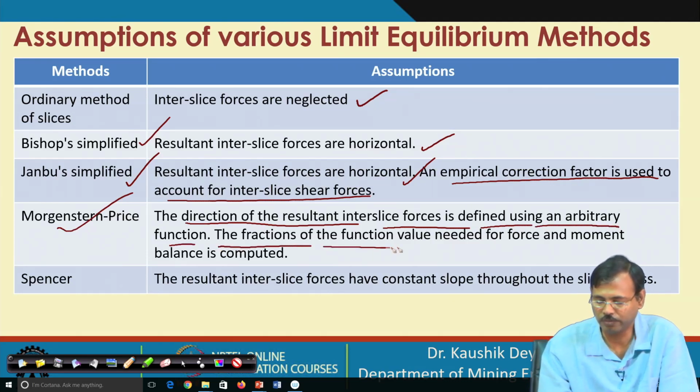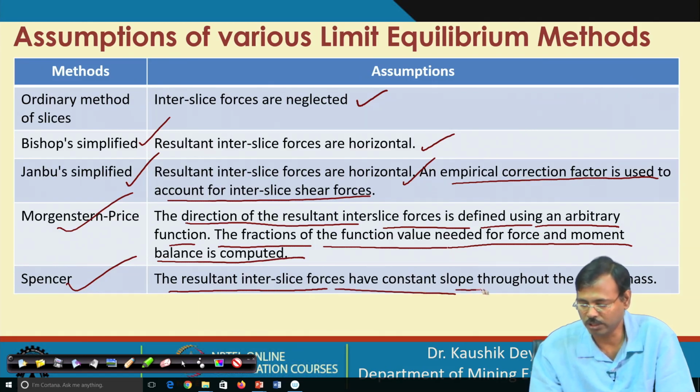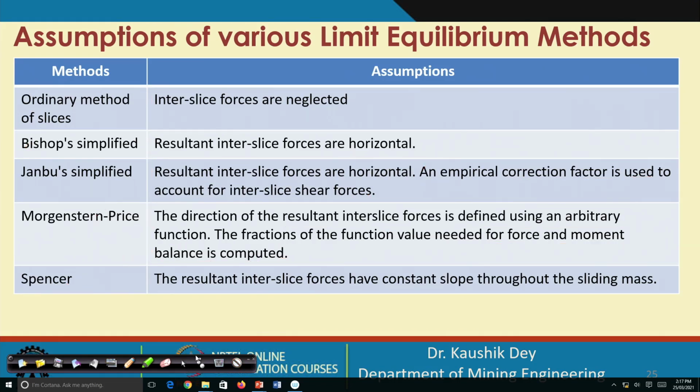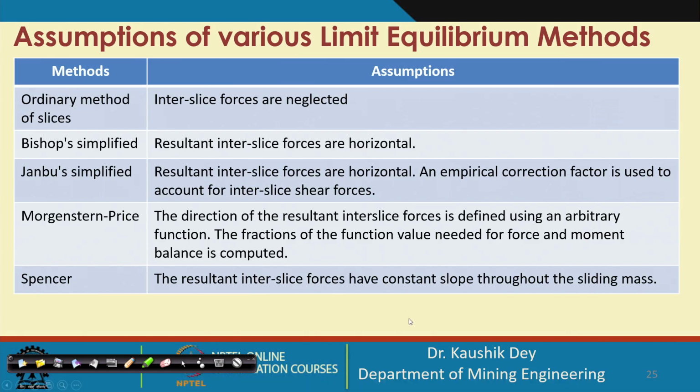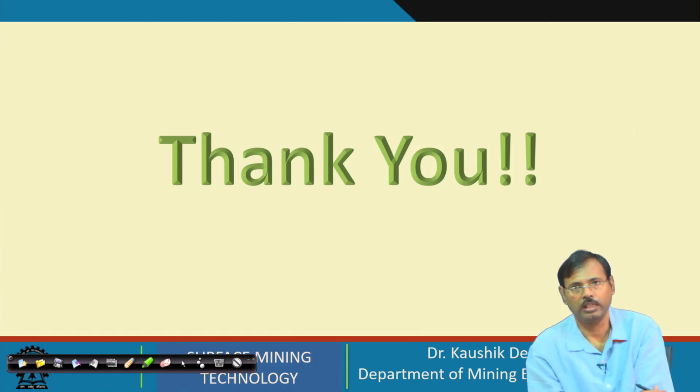The fraction of the function's value needed for force and moment balance is computed. In the Spencer method, the resultant interslice forces are assumed to have a constant slope throughout the slide mass. These are the different limit equilibrium methods, and this way we generally analyze the circular failure of a slope.